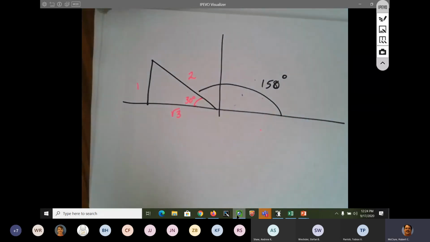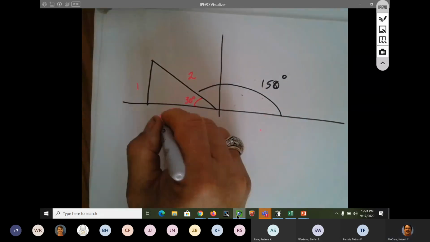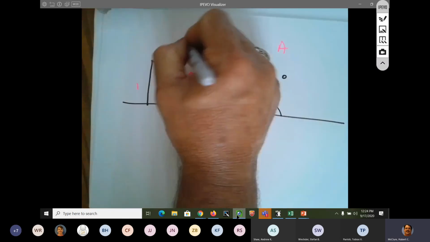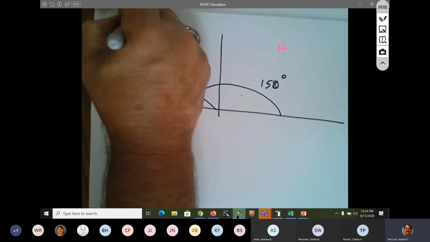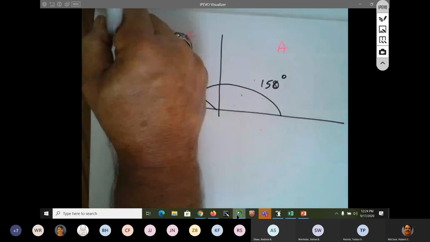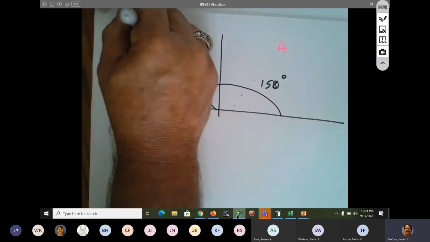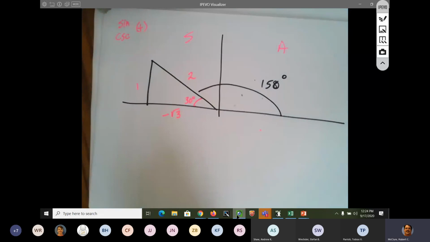And which one's negative? The negative square root of 3. So all students, so sine and the cosecant are positive, but they only want the sine, cosine, and tangent.